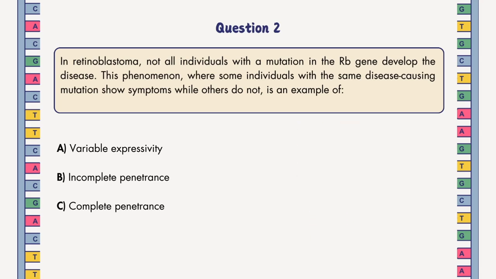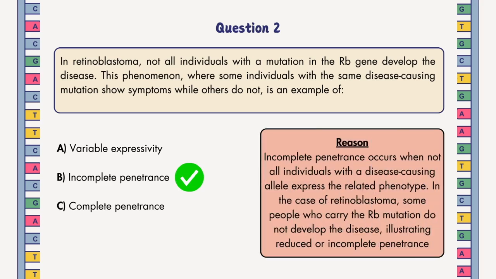The correct answer is option B, incomplete penetrance. This is because incomplete penetrance occurs when not all individuals with a disease-causing allele express the related phenotype. In the case of retinoblastoma, some people who carry the RB mutation do not develop the disease, illustrating reduced or incomplete penetrance.